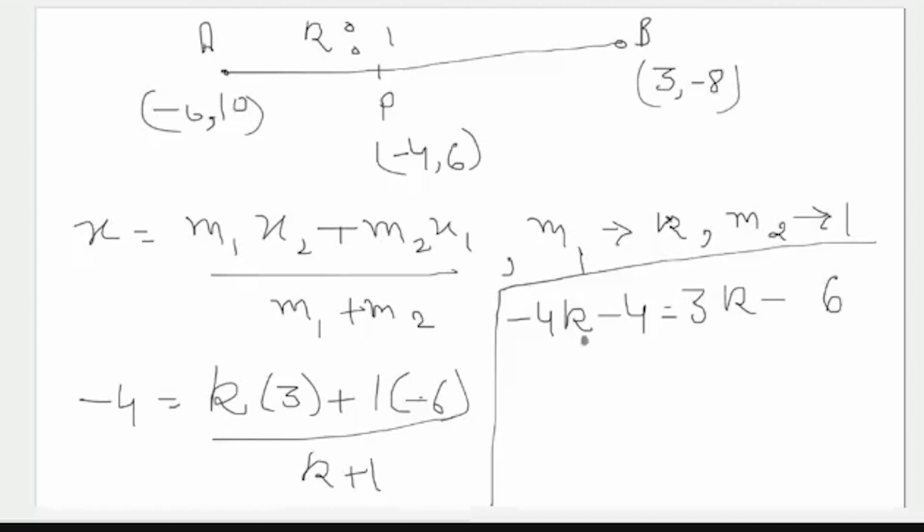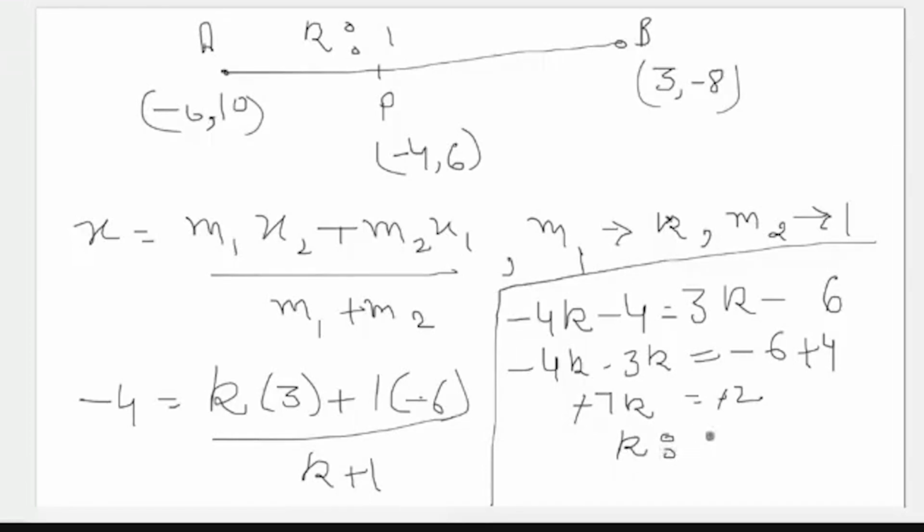Now again transpose: -4k -3k is equal to -6 plus 4. This gives -7k is equal to -2. If you observe, the same kind of things are there. k is equal to 2 by 7. Is it so?